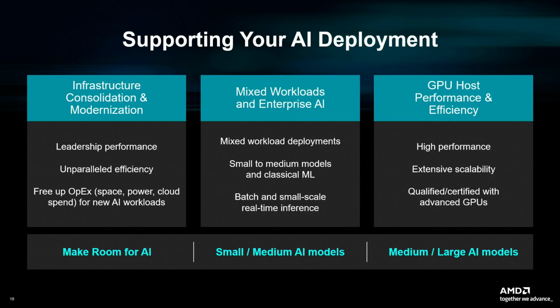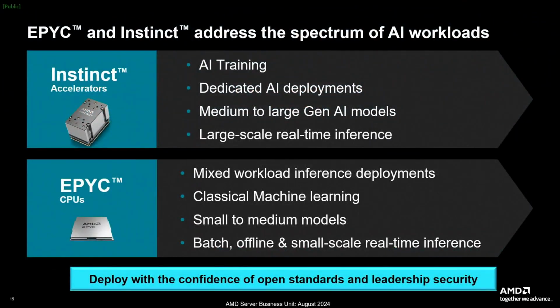We can move to the next one here. AMD has offerings. I won't spend a lot of time pitching our products, but you're probably familiar with our Instinct and EPYC lines. Instinct is our higher powered GPU for the largest of models that you may need. This is for real-time environments, and it can be used for medium to large Gen AI models.